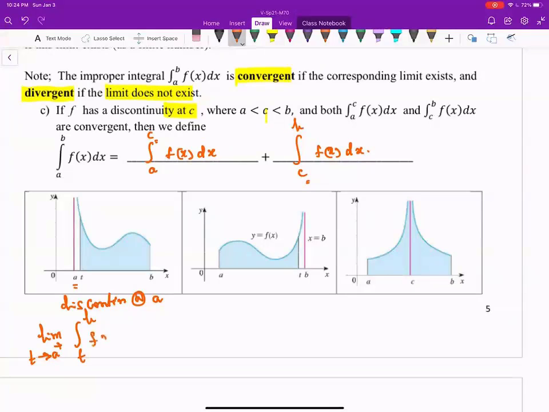In this part, there is a discontinuity at the right limit, at b. So what do you do? When you take the limit, it will be the integral from a to t, and then t approaches b from the left.